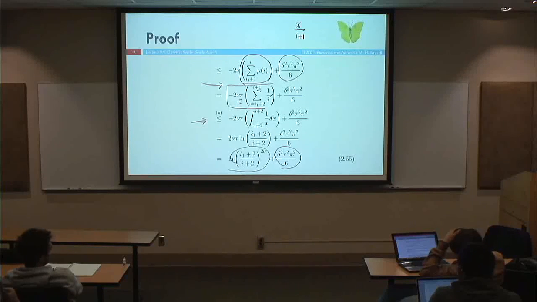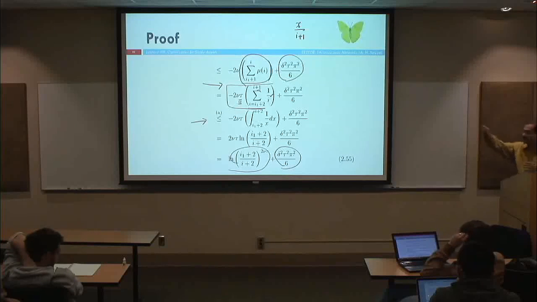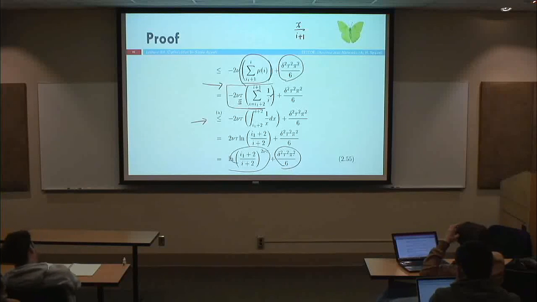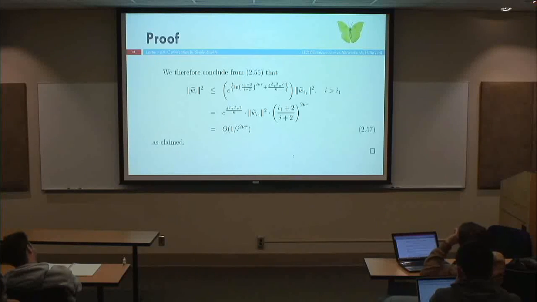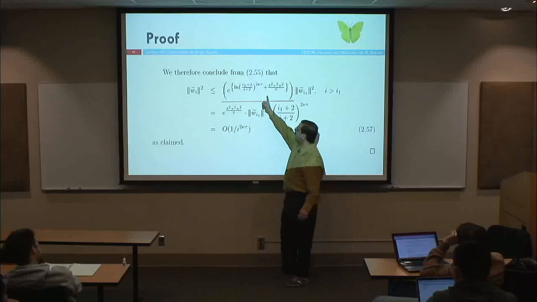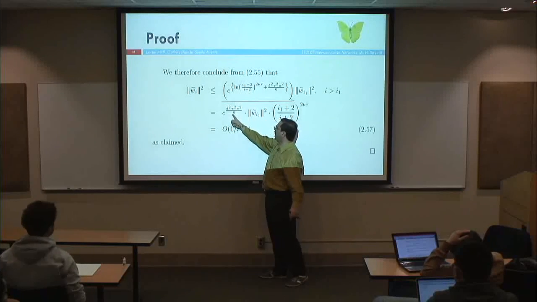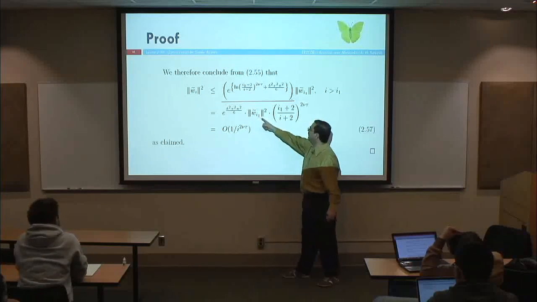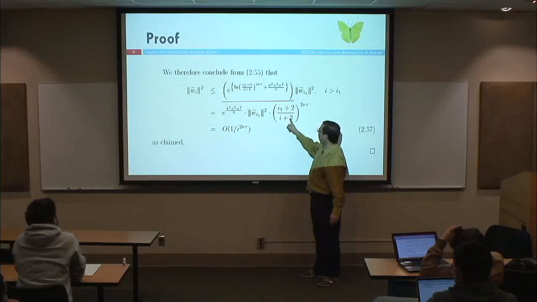So then that ratio is less than or equal to the exponential of this. Here it is. And then the exponential of a log, you can write it like this. The exponential of the log gives you this to the power 2 nu tau.